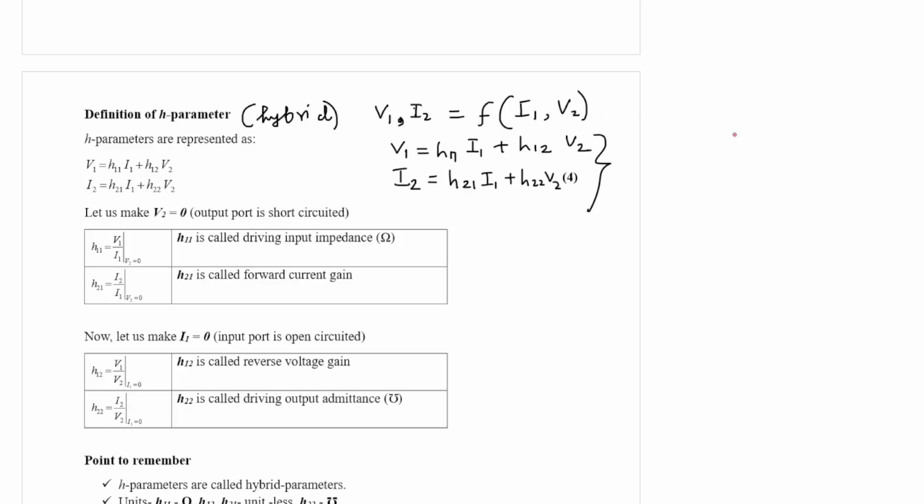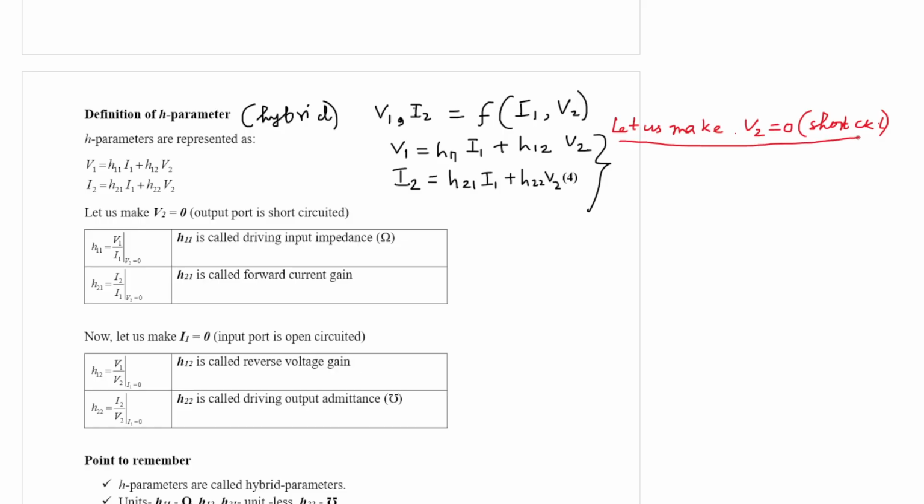We should apply the same logic. First let us make V2 equal to 0. That means we are short circuiting the output port, because V2 represents the output parameter.